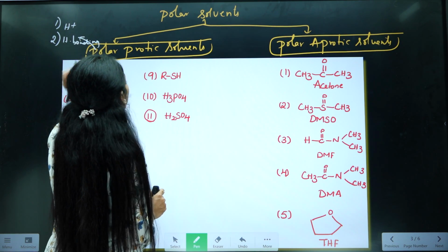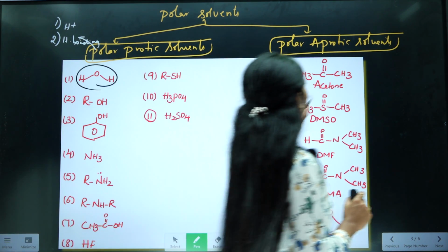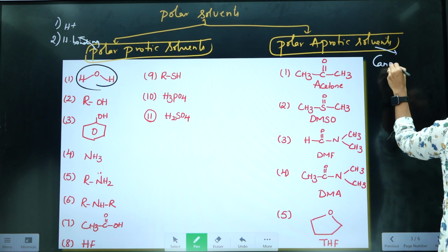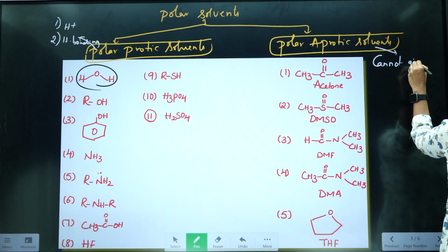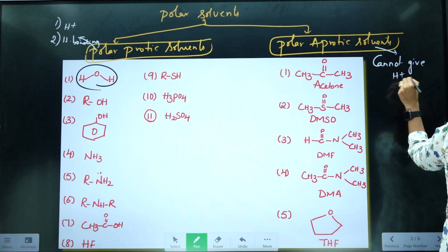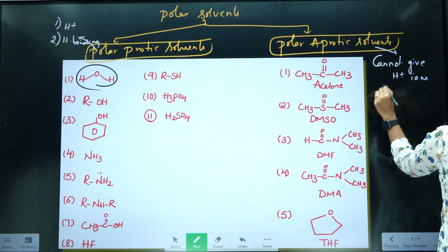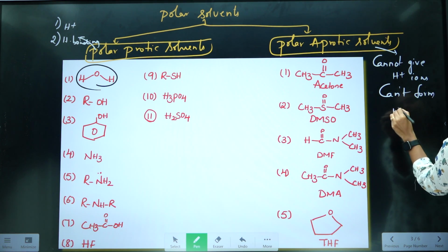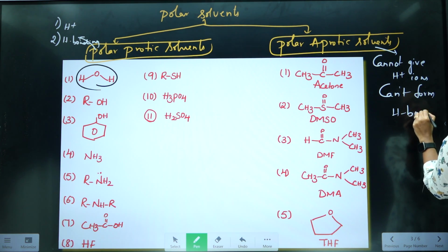These are called polar protic. And what are polar aprotic? These cannot give H plus ions, and they can't form hydrogen bonding.